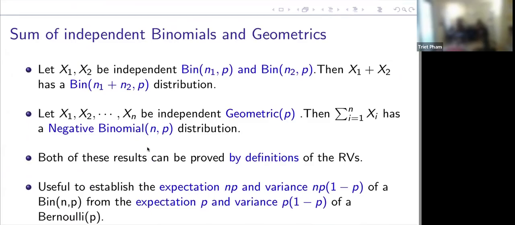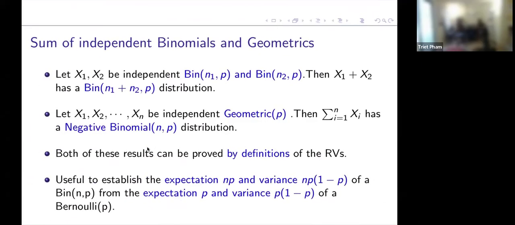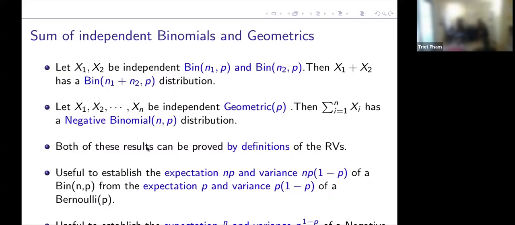Just to remind you of the classical result for sums of independent random variables: if you sum independent binomials, you get a binomial distribution. Notice the requirement is that the two success probabilities must be the same.